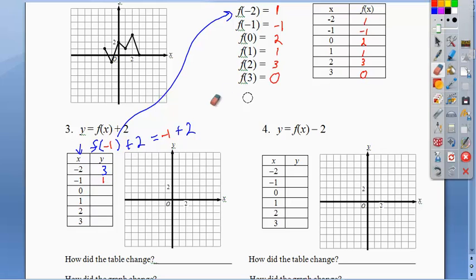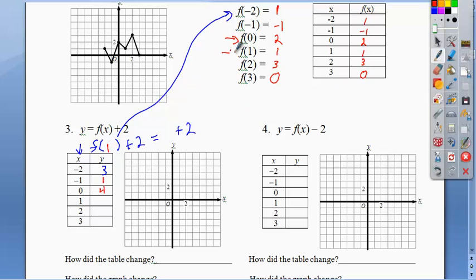And then I just keep going through the line and replace what it is that I have. So 0, and f of 0, I come back, f of 0 gave me 2, and 2 plus 2 gives me a total of 4. Alright, let me erase those again. And then I put 1 in there.